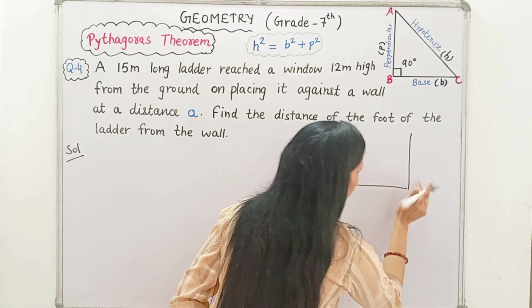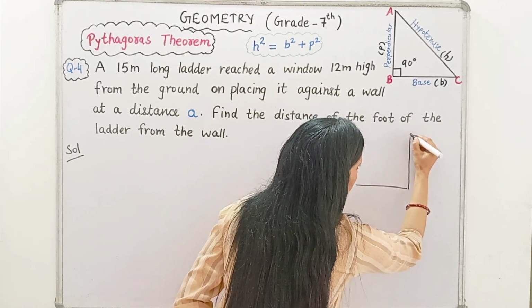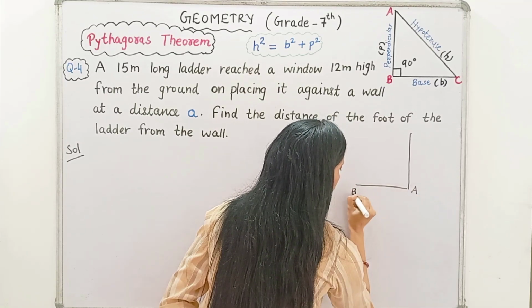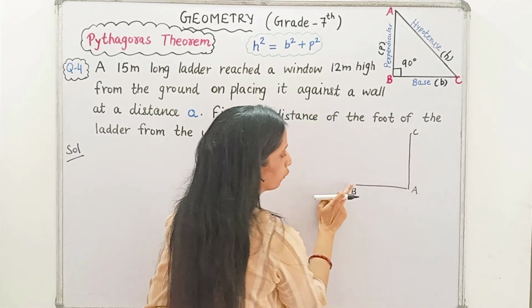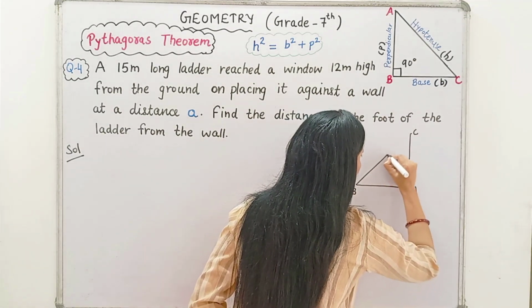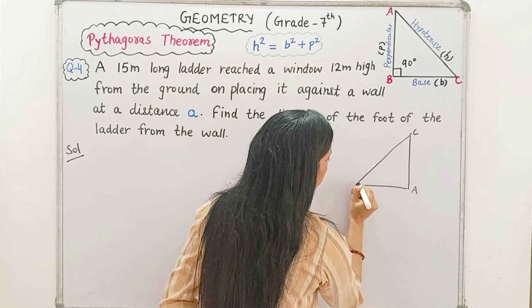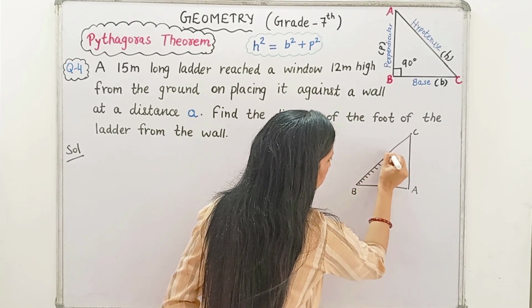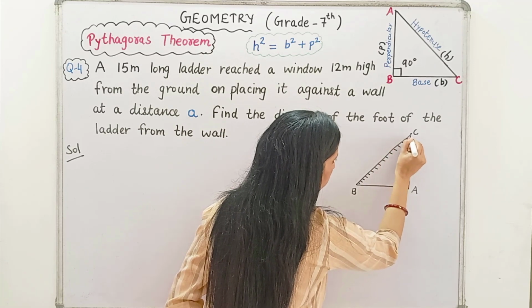Let's suppose this is a wall. In this, points A, B, C. From here we are placing the ladder on the wall. Let's join BC, and make it like a ladder. I am just drawing this diagram roughly.